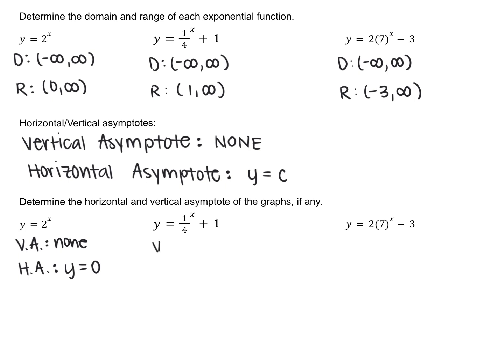So y equals 1/4 to the x plus 1. My vertical asymptote is none. Horizontal asymptote is y equals 1. And for the last one, y equals 2 times 7 to the x minus 3. Vertical asymptote is none. Horizontal asymptote is at y equals negative 3.